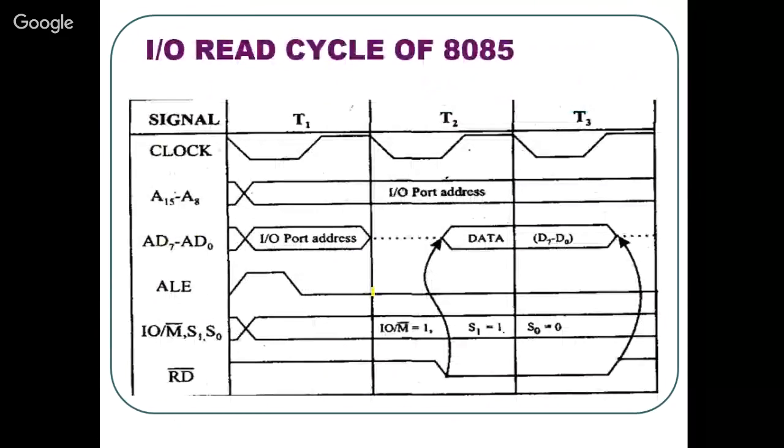In case of IO, we know the 8085 uses an 8-bit address for IO operation. So for the 8-bit address, suppose the IO device address is 80, then it is better to show address 80 on both the higher order as well as the lower order lines, because I can connect the higher order address bus to any IO device, or we can connect A7 to A0 to any IO device.